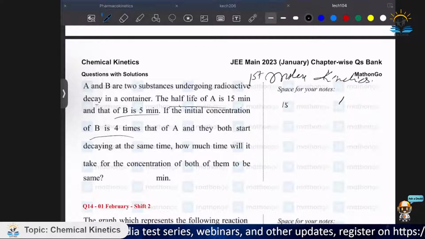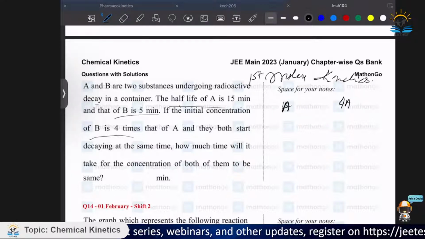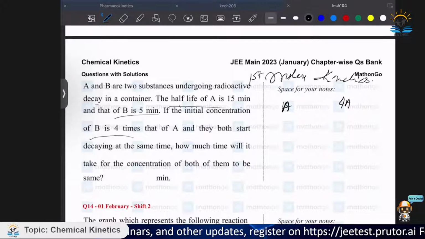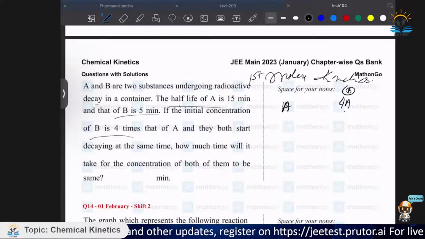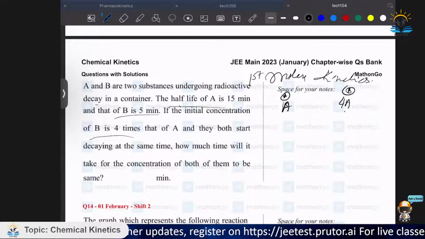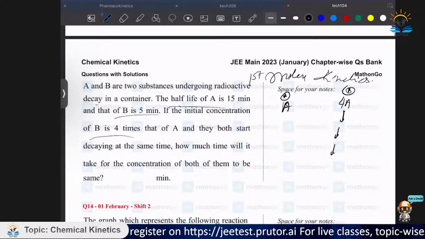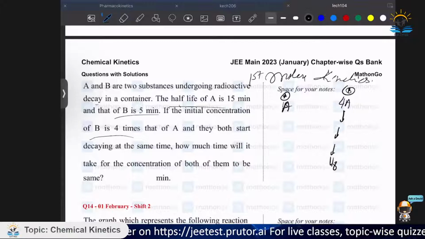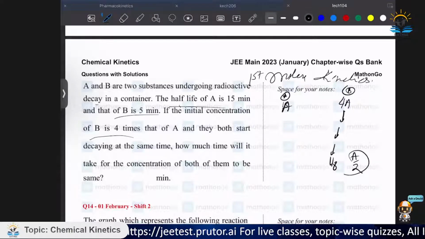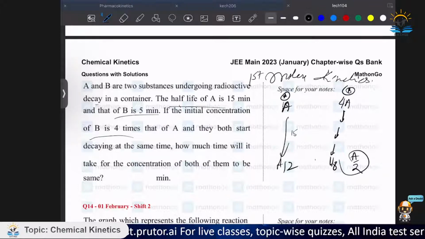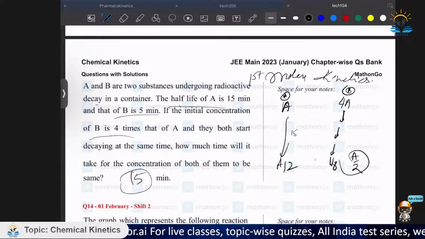So 4A, A. Let's see at 15 minutes. At 15 minutes, this will undergo 3 half-lives. So this will be 1 by 8 or A by 2. And in one half-life for this 15 minutes, this will also be A by 2. Yeah, so 15 minutes. Easy.